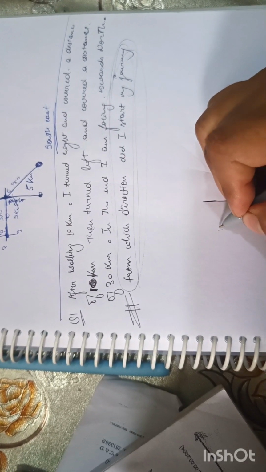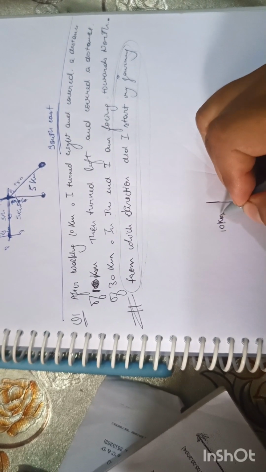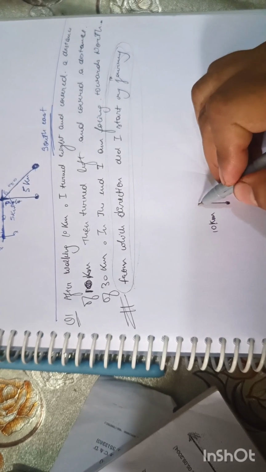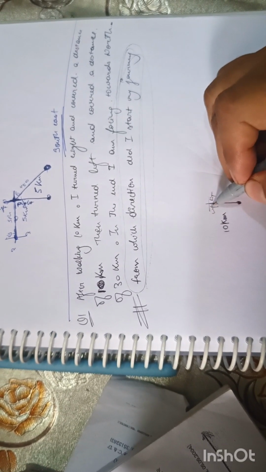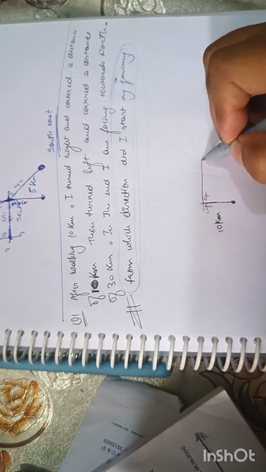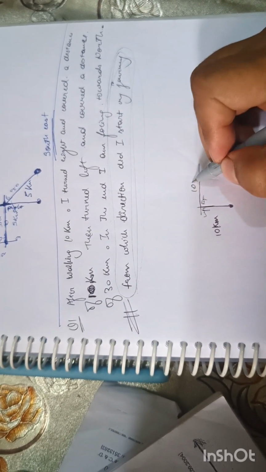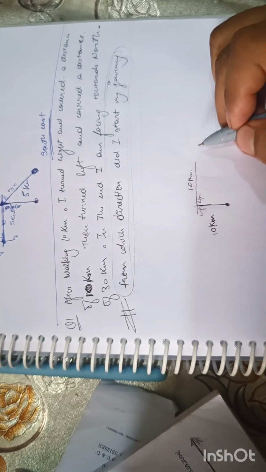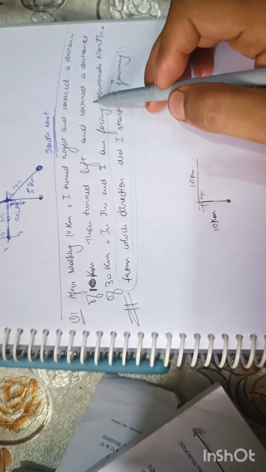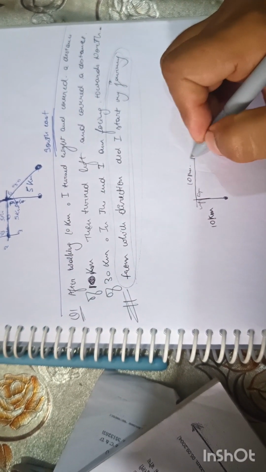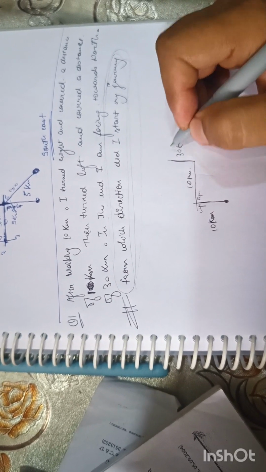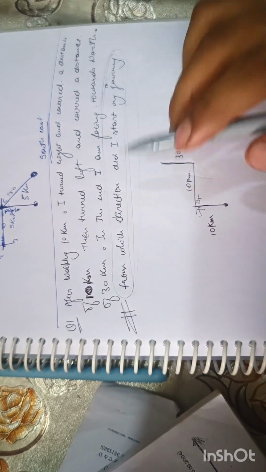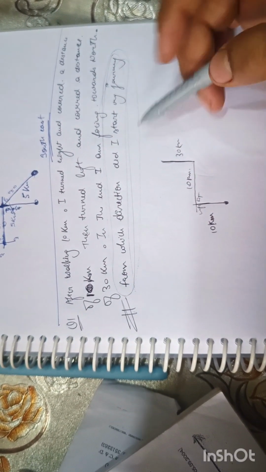After that, taking a right, I told you this is right, this is left, right for 10 kilometers. After that, turn left and cover a distance of 30 kilometers. In the end, I am facing toward north.